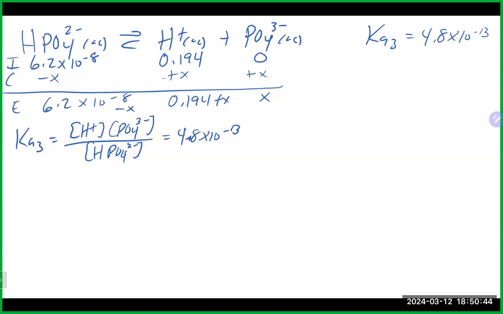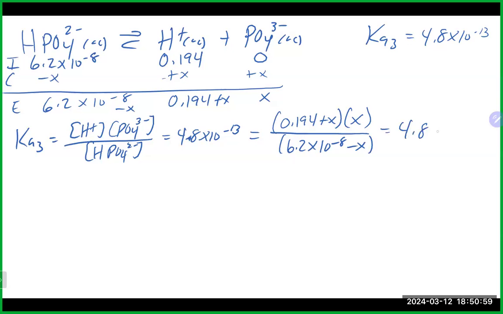Once again, putting our equilibrium line in will give us 0.194 plus x times x divided by 6.2 times 10 to the minus 8 minus x equals 4.8 times 10 to the minus 13.